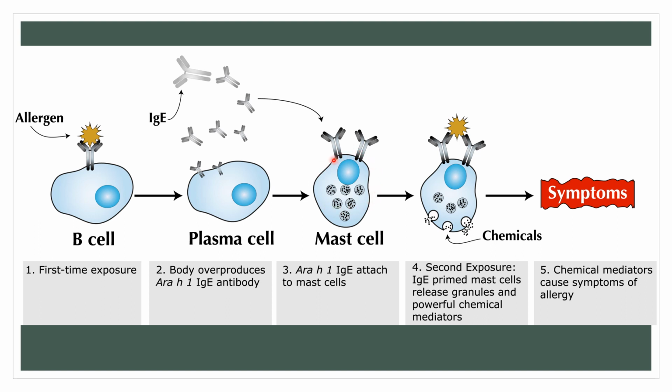When the ARA-H1 enters the body for the second time, the IgE antibodies will react by binding to the allergen. The IgE-primed mast cells and the basophils will then release granules containing histamine and other allergic mediators. This will cause the allergic reaction.